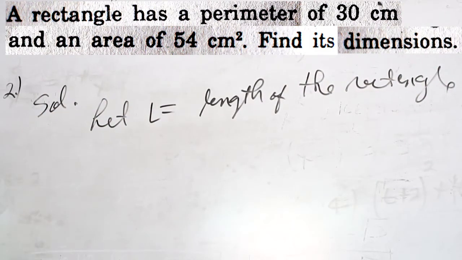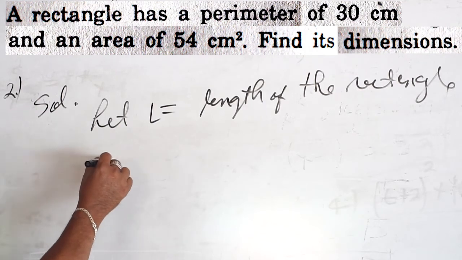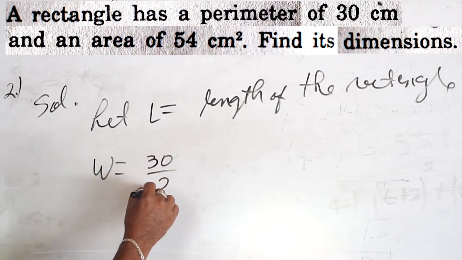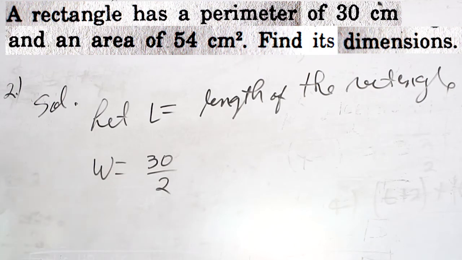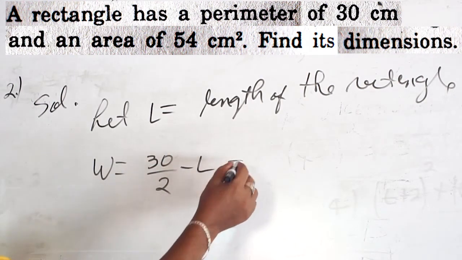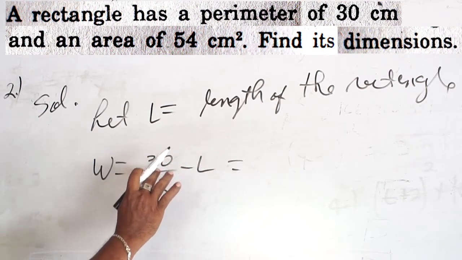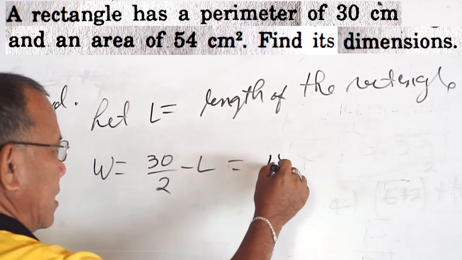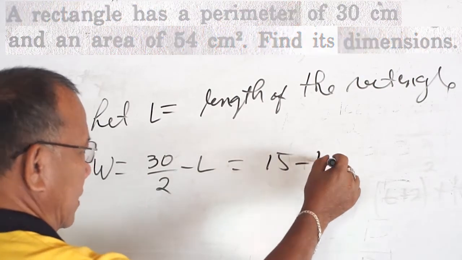Then W is equal to 30 over 2 minus L. So 30 divided by 2 is 15, so W equals 15 minus L.